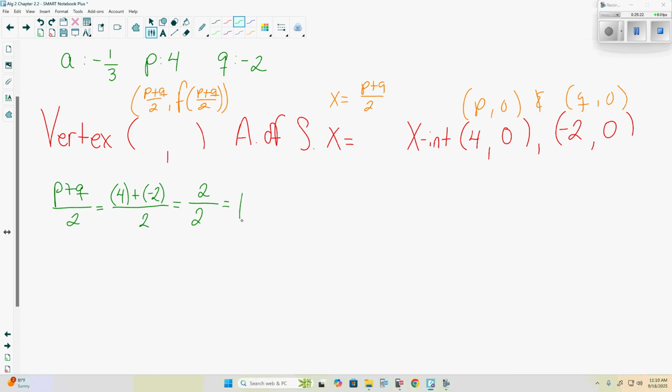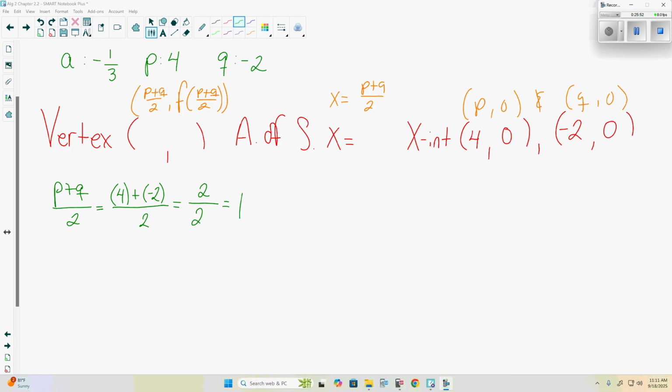Now, I said earlier, it really doesn't matter which one of the 4 and negative 2 we define as P and which one we define as Q, yes? As we did here, 4 plus negative 2 is 2. Say I flipped it and said that P is negative 2 and Q is 4. We would instead have negative 2 plus 4, which is still 2.